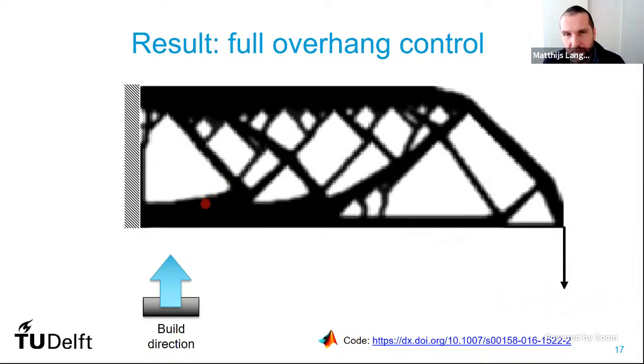And it is actually impossible for this process to end up with something that is not printable, because the only thing that we evaluate is actually a printable design. So it's not a constraint. It's really because it is in the optimization loop and it transforms the density field. What you end up with is always something that is fully printable.